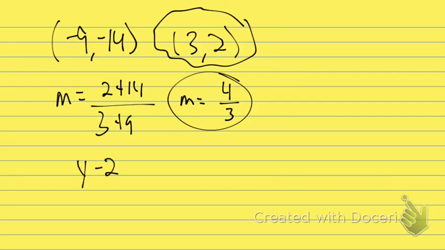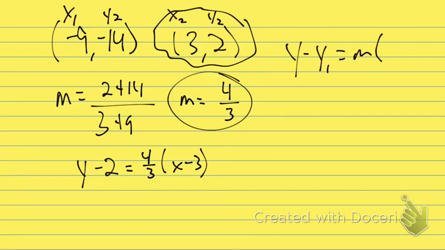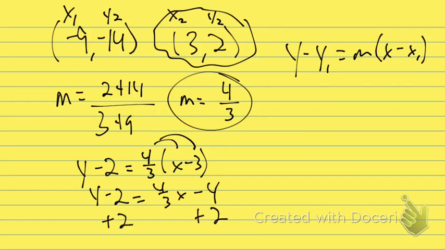So y minus y1 equals m, x minus x1. Okay, and remember, x1, y1 can be any point. Like, if you're finding slope, you might call this one point 1, point 2. The x1, y1 in point slope form like this can be any point, okay? So next we're going to distribute 4/3 x minus 4. I'm adding 2 to both sides.